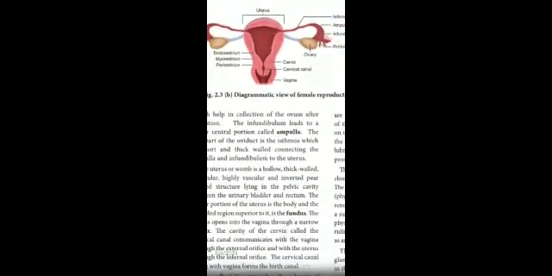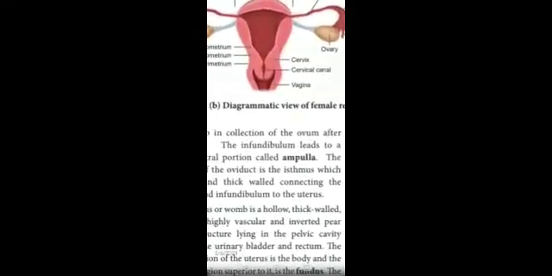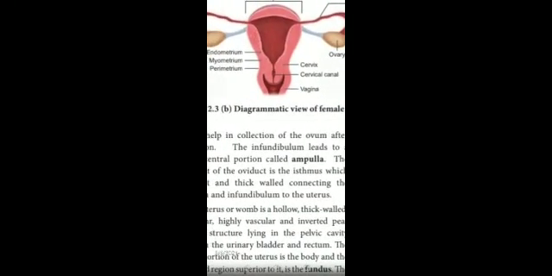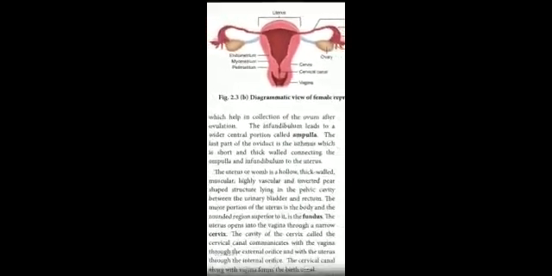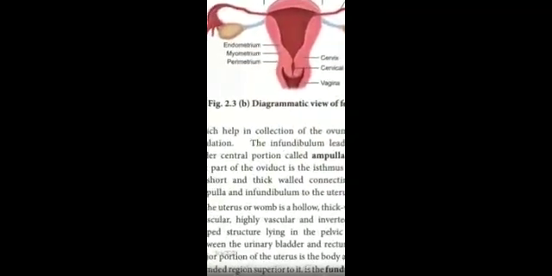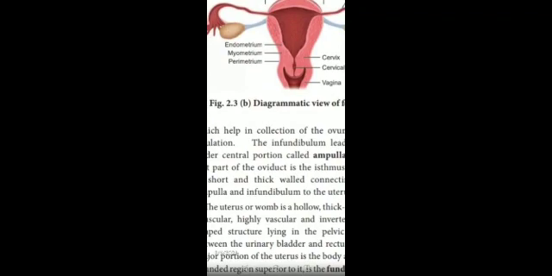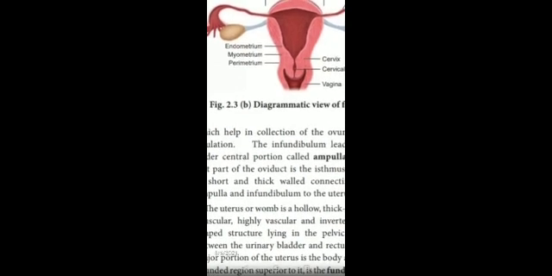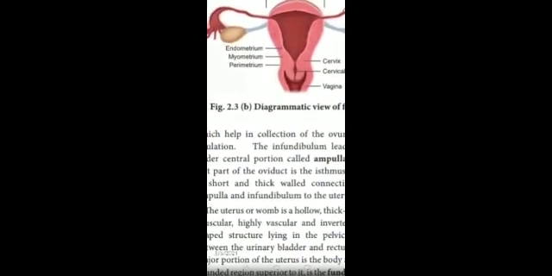Now the wall of the uterus. The wall of the uterus has three layers of tissue. The outermost layer is a thin membranous layer called the perimetrium. The middle muscular layer is called the myometrium.